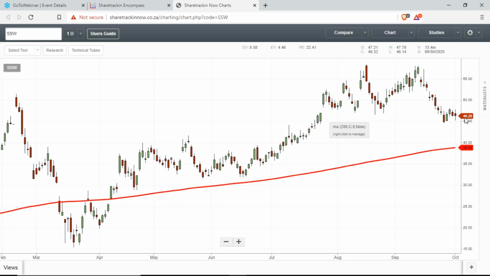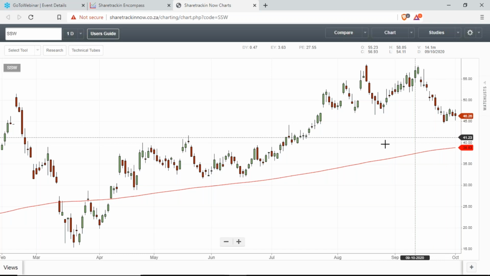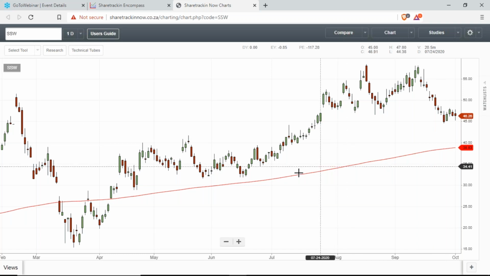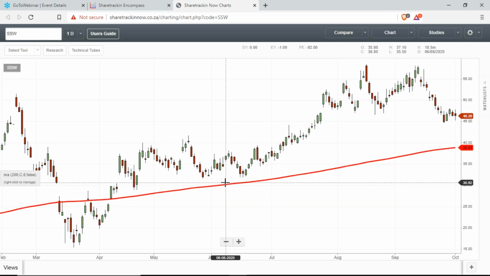So what's the first thing I can see here? This share is above average. The second thing I see is my moving average is moving upwards. So this moving average gives you a smoother indication of where the share is heading. Whereas if you insert a moving average that has fewer days, in other words, a 50 or 100-day moving average, your moving average would more likely be closer to your actual graph.